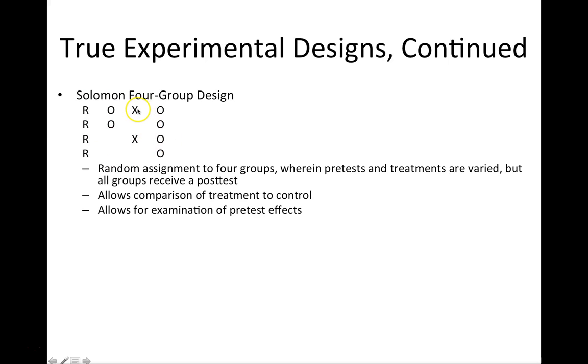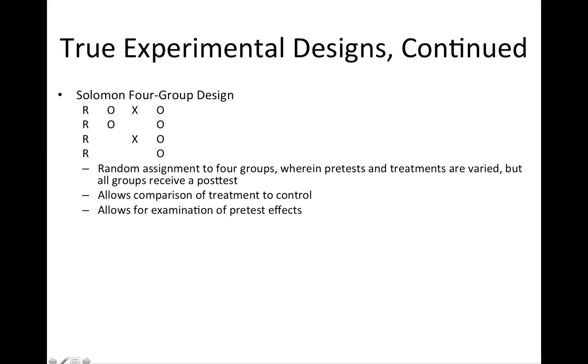You have an intervention group and a control group, an intervention group and a control group. And so you can look at both treatment versus control effects, as well as the potential effects of pretest. So, testing people, asking people all the same questions prior to asking them those questions again.